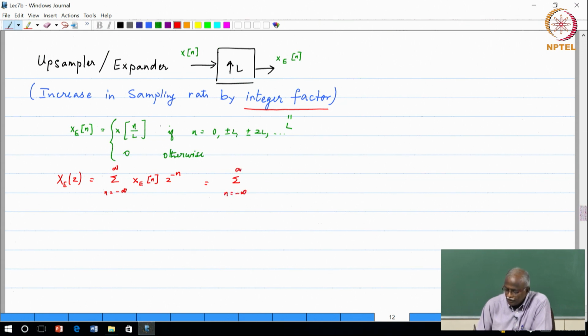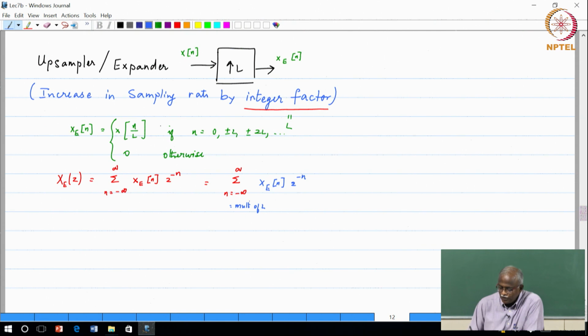Please follow along. n equal to minus infinity to infinity, but I am going to impose the condition that n is equal to a multiple of L, because those are the only non-zero samples of xe of n, all other samples are zero. So without loss of generality, I can impose a constraint on the index of summation that it is a multiple of L, xe of n z power minus n. Okay, hope you are comfortable with that. I have imposed a condition which does not violate anything in terms of generality.